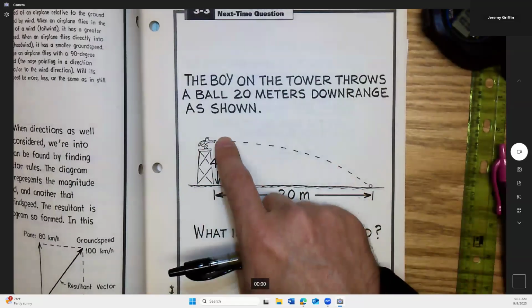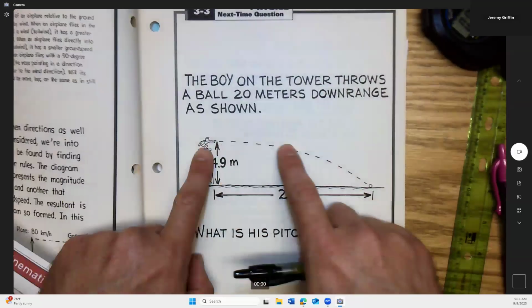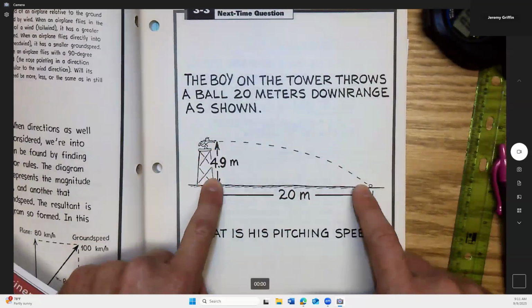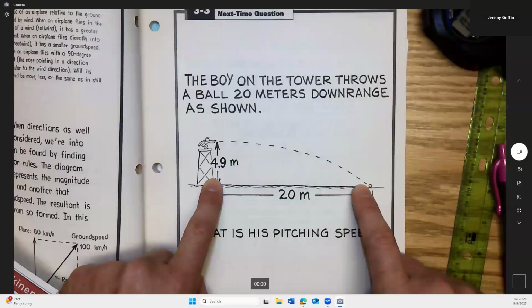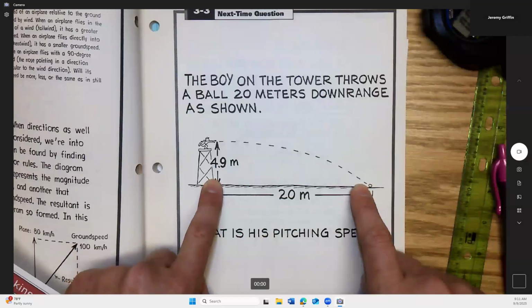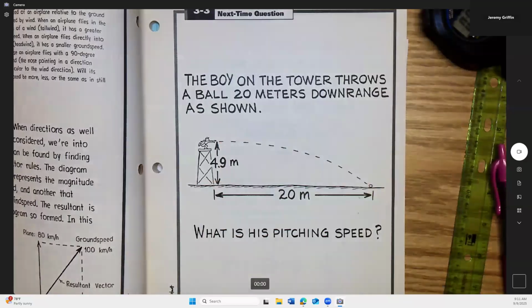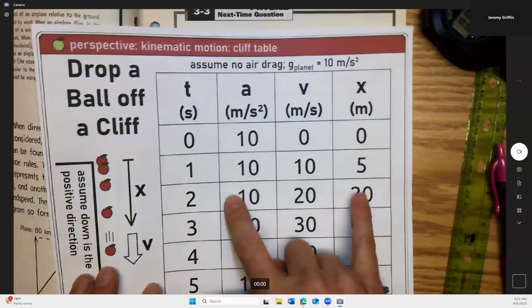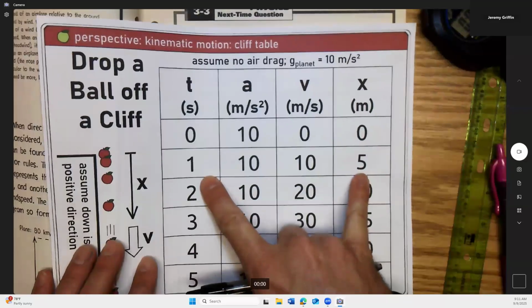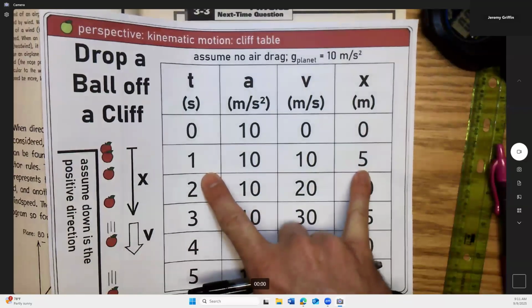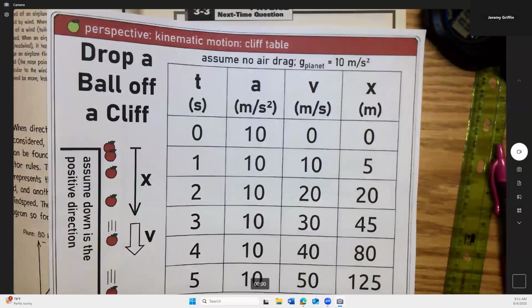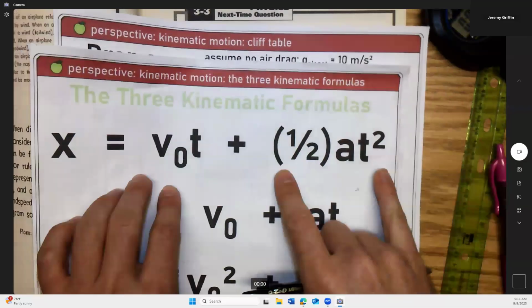Ooh, because what if he dropped the ball at the same time? What if he throws the ball and he drops the ball? Do they take the same time to reach the ground? You guys remember that? Okay. So really, how much time does it take to fall about 5 meters? 1 second. You guys remember dropping stuff? Isn't it a simplified version of this right here?